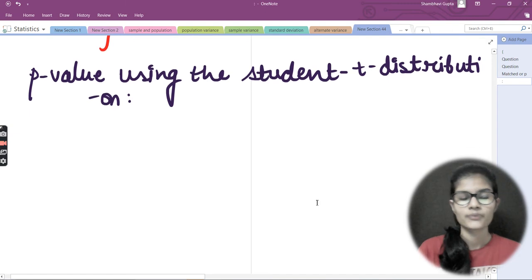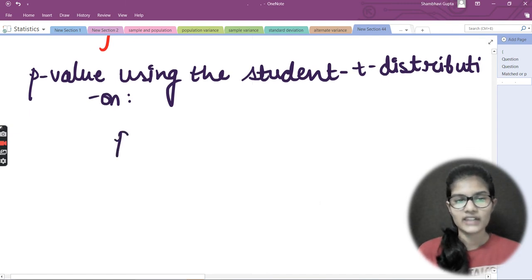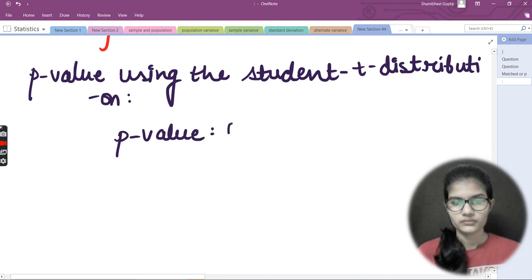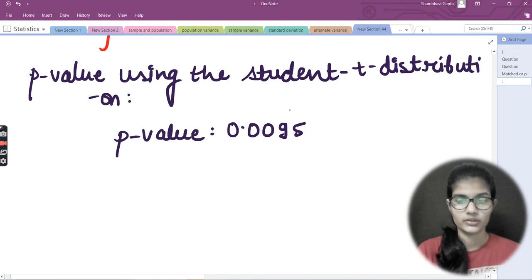So in that case, the final p-value that would come as an answer for you would be 0.0095. This is the final p-value which will come from the student t distribution.